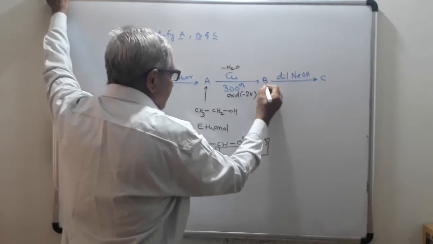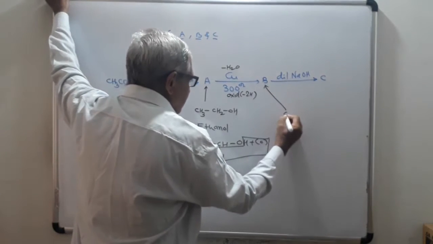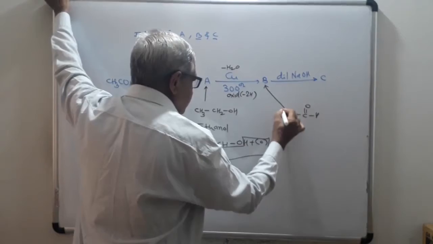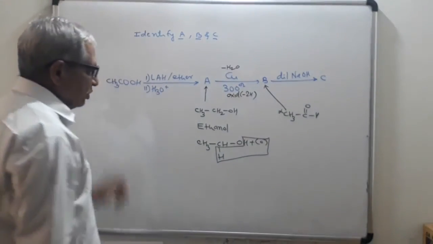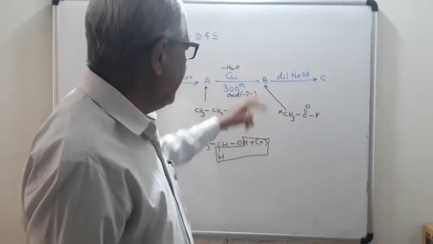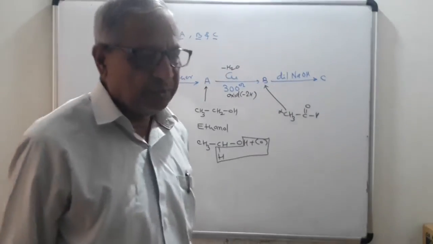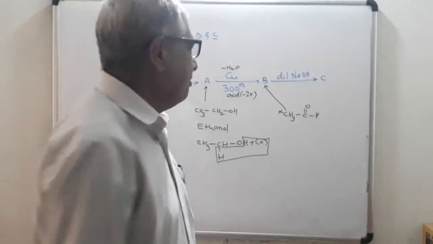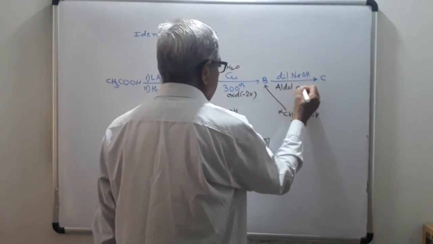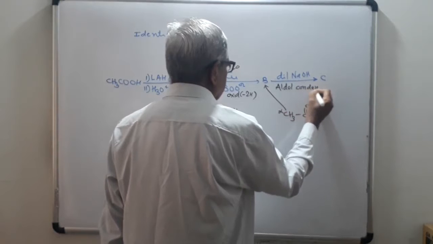Therefore, your structure of B will be like this: CH3 C double bond O, H. This is your alpha carbon. So we completed A and B. When an aldehyde having an alpha hydrogen atom is treated with dilute NaOH, the name of the reaction is known as aldol condensation.